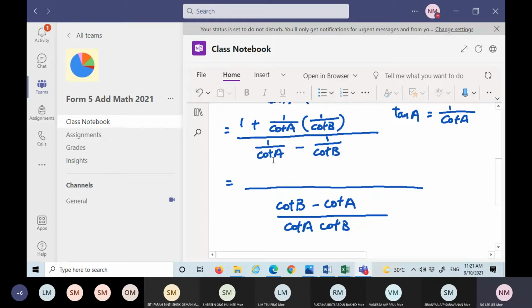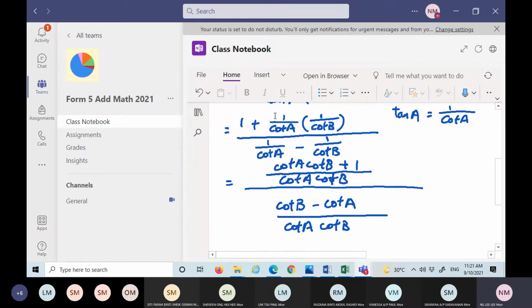Okay, for the numerator, 1 plus 1 plus all. Okay, the same thing lah. I want to make it the same denominator, cotangent A, cotangent B. Okay, so 1 is cotangent A, cotangent B over cotangent A, cotangent B. This is 1. Okay, then plus 1.